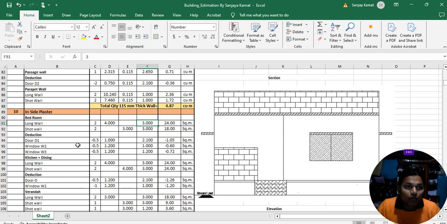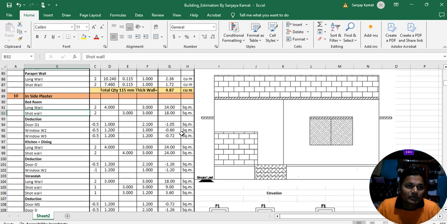Because we all know area is always in square meter. Whether the bedroom is a square shape or a rectangle shape, area is always in meter square. So we use meter square only for this inside plaster. After multiplying, how much will we get?